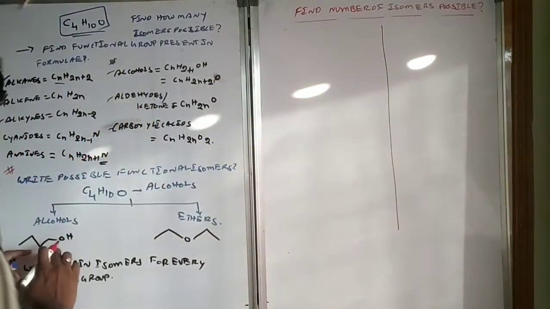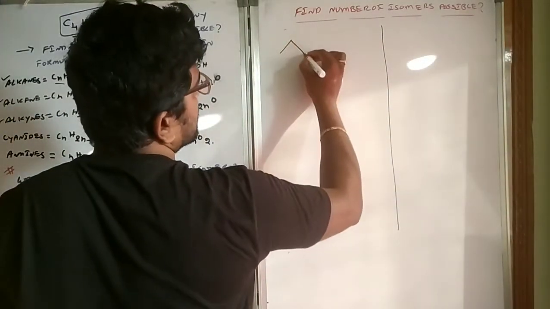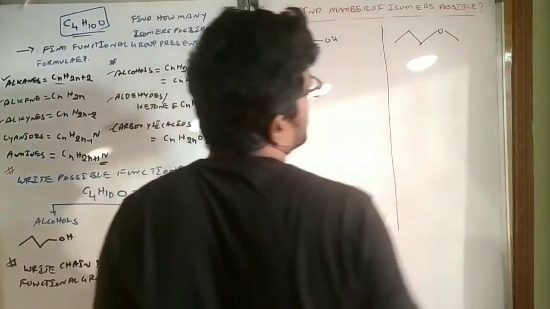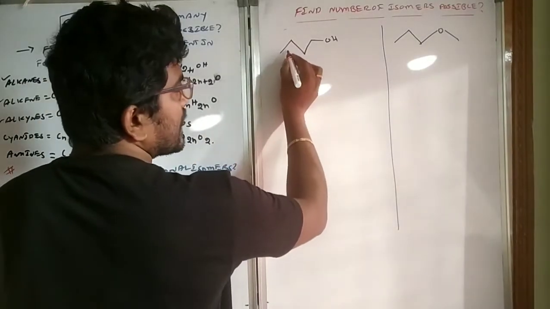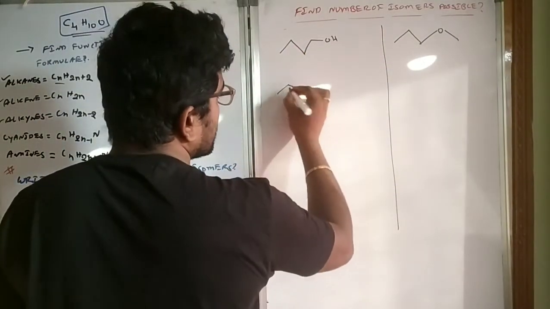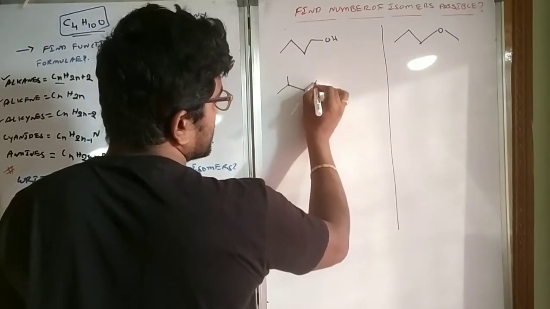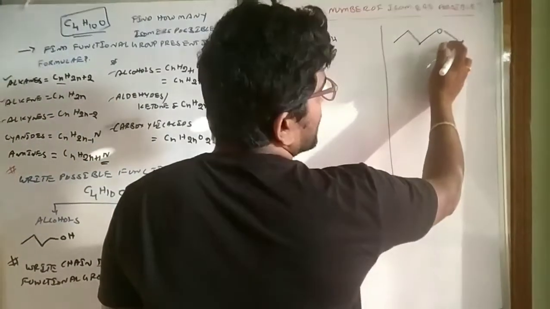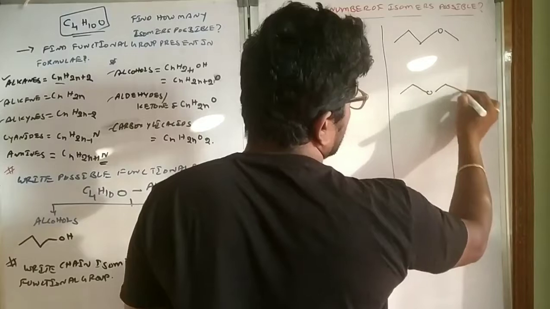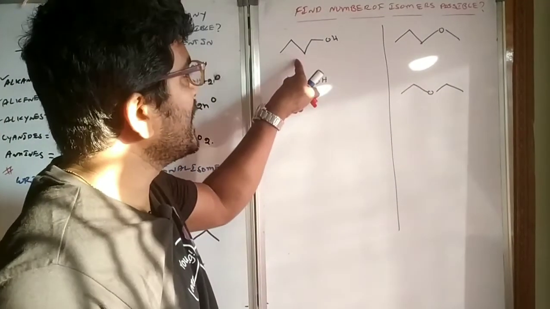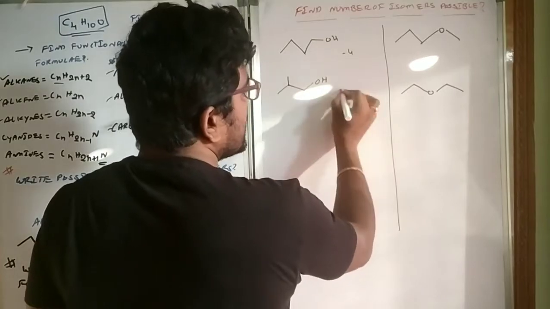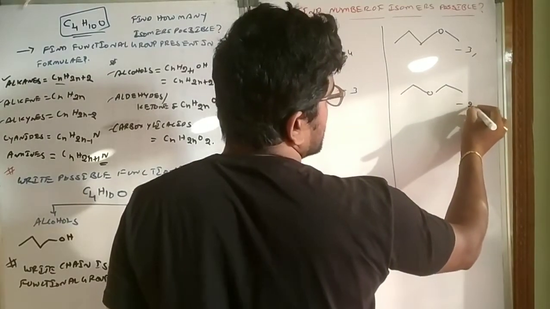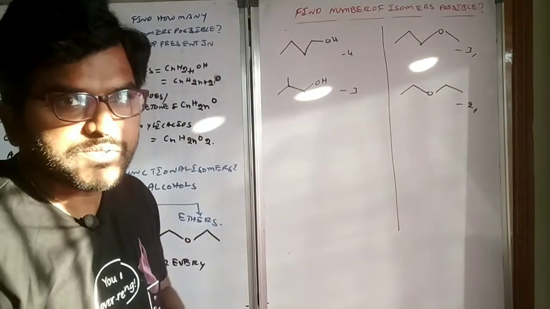Here 4 carbons are present, so that is one chain, and here 3 carbons are there, that is another chain. A 2 carbon chain is not possible. Here methoxypropane is there and then ethoxyethane is present. Here the main chain has 4 carbon atoms, here 3 carbon atoms, and here 3 carbon atoms.